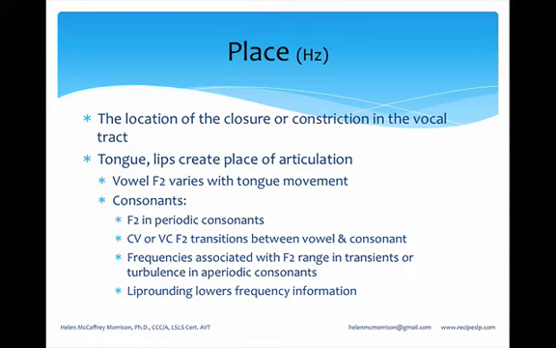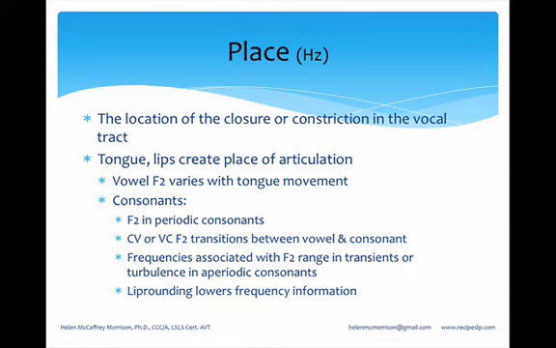But there's other ways that the second formant gives us information about place of articulation. We're going to start looking at some spectrograms, and as we see how the vowel transitions into a consonant, and you have the production of the consonant, and then the consonant transitions into a vowel, you see that the vowel formants start to move into the consonant, and then as the vowel is created after we've produced the consonant, you see those formants moving away from the vowel.